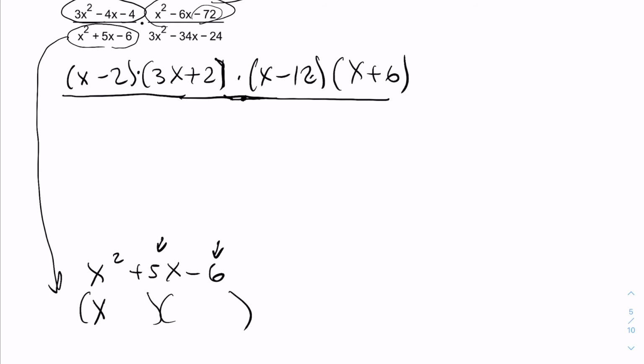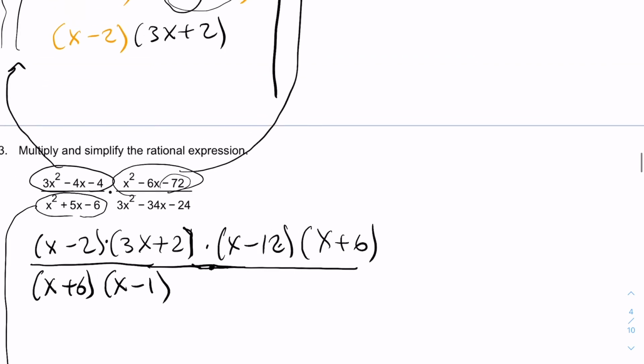What multiplies to negative 6 and adds to 5? How about an x plus 6 times x minus 1? Double check it. 6 times negative 1 is negative 6, and 6 plus a negative 1 is positive 5. So that did work. So now we have an x plus 6 times the quantity x minus 1.